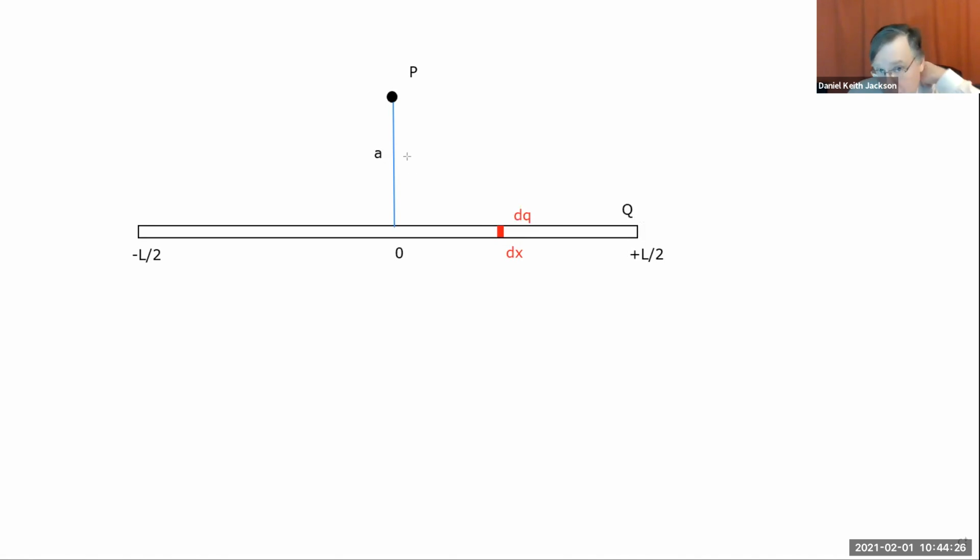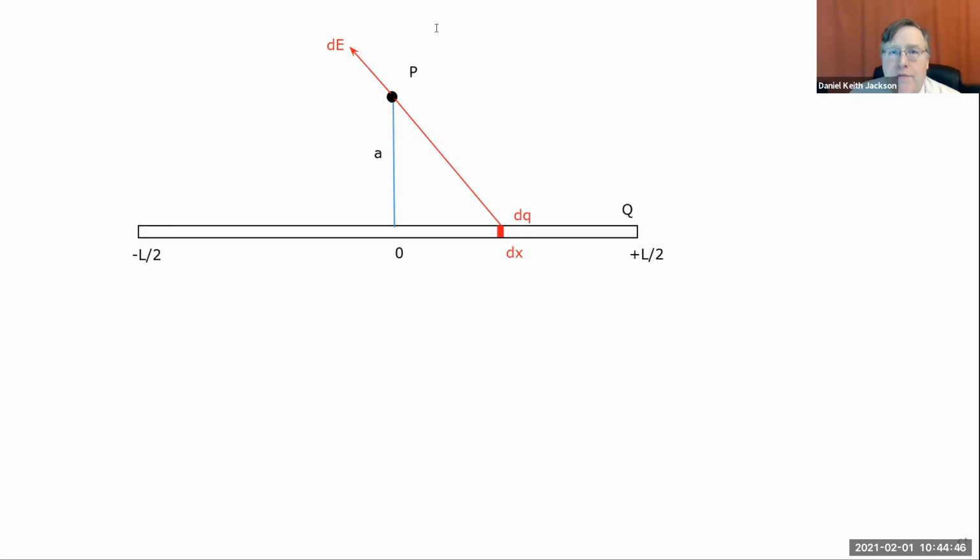My next step is I'm going to draw a line from the dq to point P. And following that, I'm then going to draw the electric field vector that I would expect to see. So this is now my dE. That is my electric field vector at point P because of this charge.